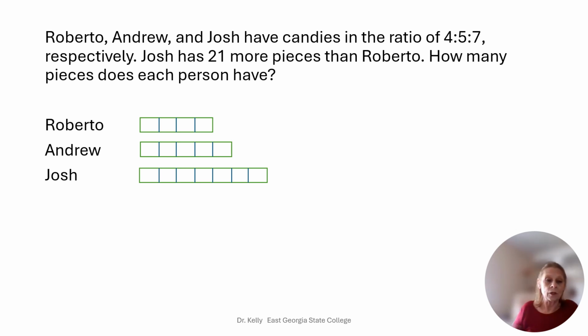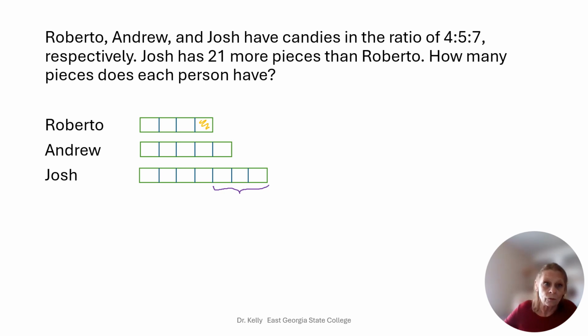Okay, so using a bar graph is really, really helpful here. And one thing that you need to note is that Roberto has 4 and Josh has 7. And so Josh has this many more than Roberto. Okay, let me make sure you see.